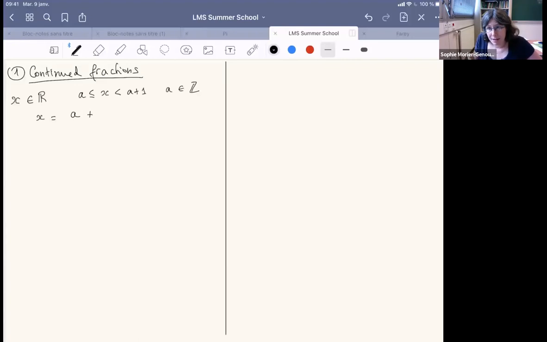The correction term is something positive. I mean, if x is not an integer, there is something positive and smaller than 1. So I will rewrite this extra term as 1 over x prime. Okay, so here I assume that x was not this integer a, and I write the correction term like this, so x prime is bigger than 1.